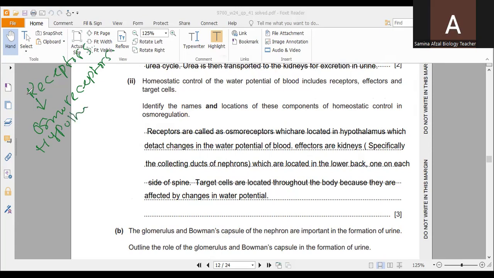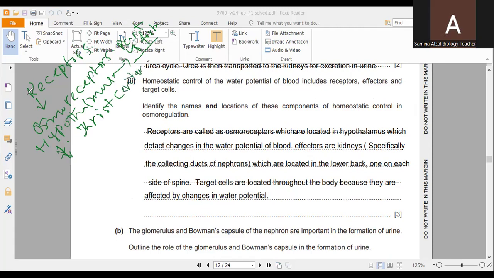What is the hypothalamus? The hypothalamus is part of the forebrain, which is also called the thirst center, because it controls the osmotic pressure.